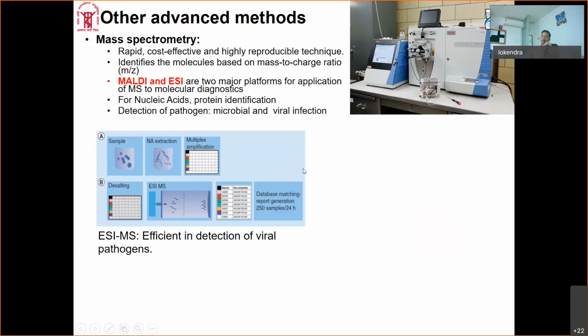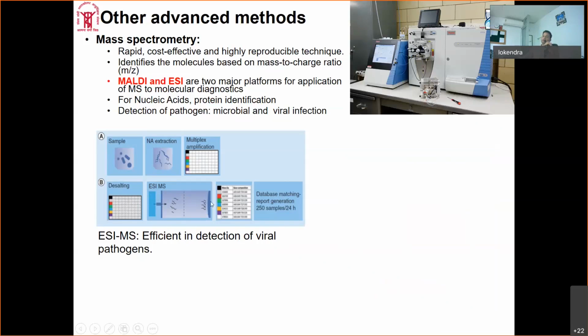Then you purify all those fragments, and the individual fragments go to a particular setup in which they are first ionized, and then move to vacuum chambers, and based on their m/z ratio they are identified.